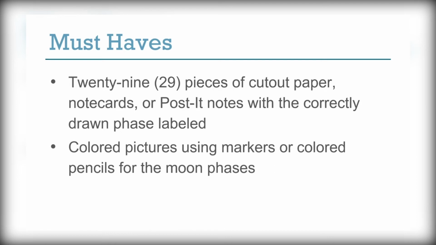And when you are making your drawings for your flip book, make sure that you color them with markers or colored pencils, so that when you or someone else flips through the flip book, we can see the animations more vividly.